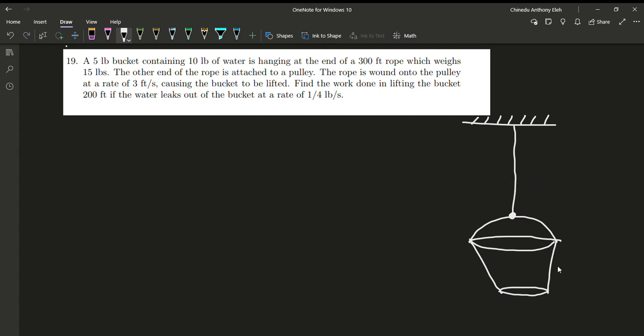So the bucket is 5 pounds, right? The rope is 300 feet. And this rope also weighs 15 pounds. Right?